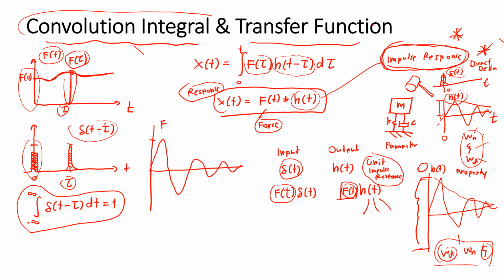Maybe we need to multiply by F at time equal to 0 and have the impulse function. When we have an impulse at time equal to 0, the vibration is going to be the impulse response, but needs to be multiplied by the magnitude of the force at time equal to 0.